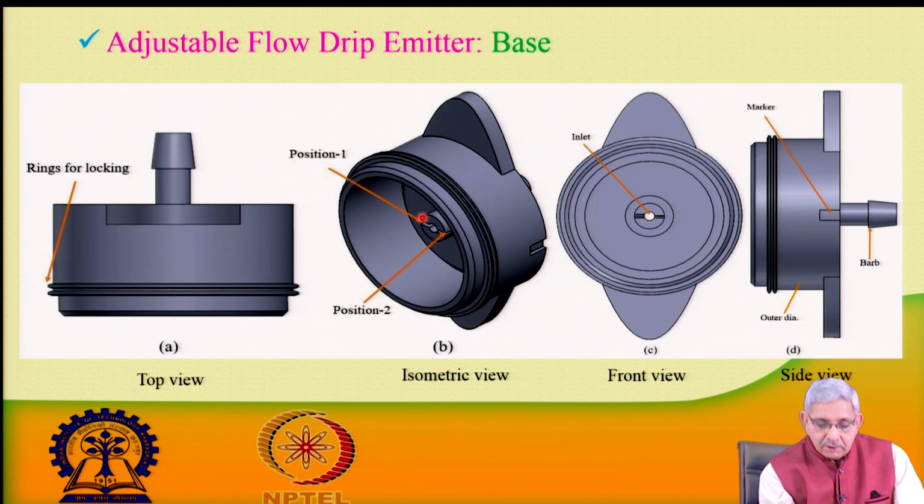This is position 1, and here is position 2. We can switch from one position to the other position, and this gives different discharge. This is the front view of the base, seen from the top, and this is the side view of the base.